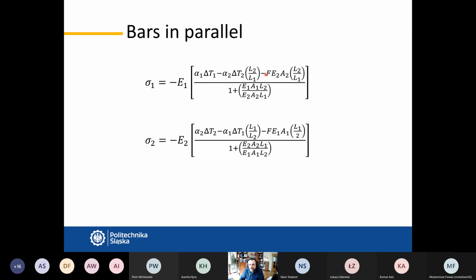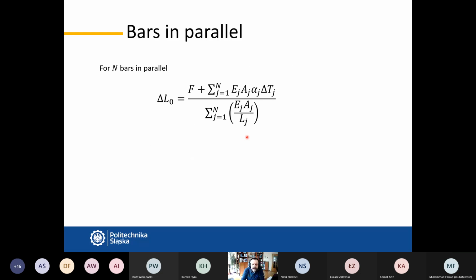Here we also have a factor connected with force applied. So if there is a force applied to the system, there's an additional term. If force is 0, of course, this factor in the numerator is cancelled. So we have only that one.